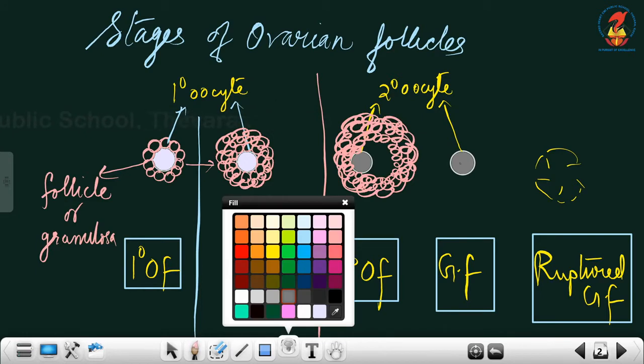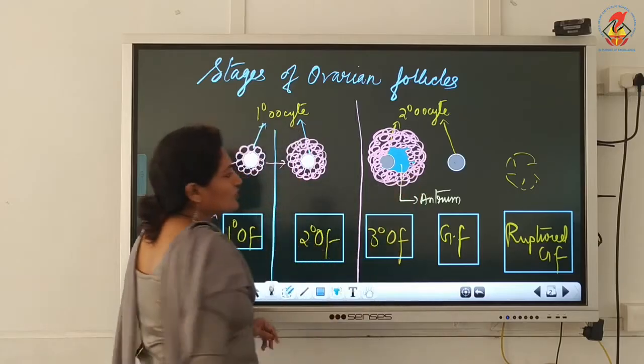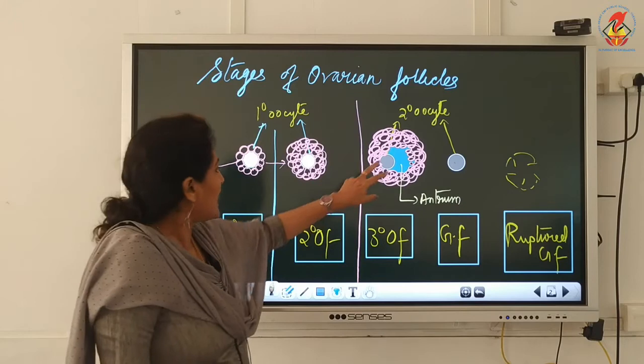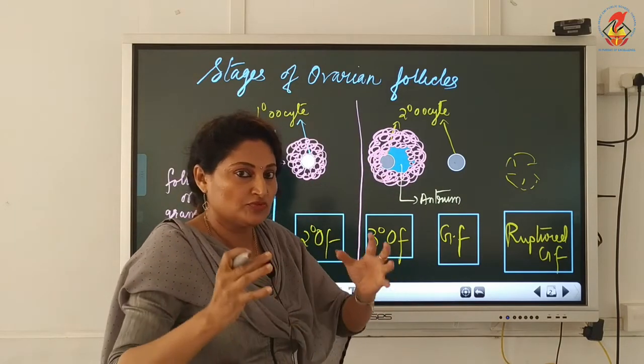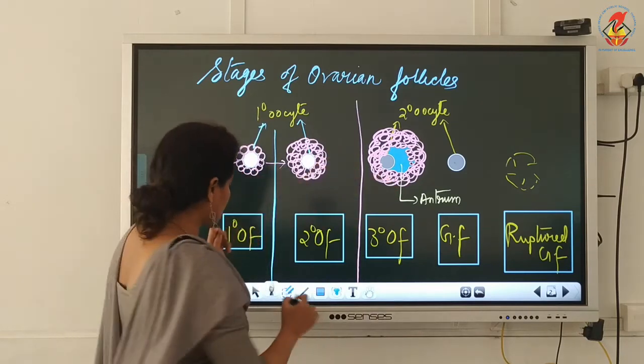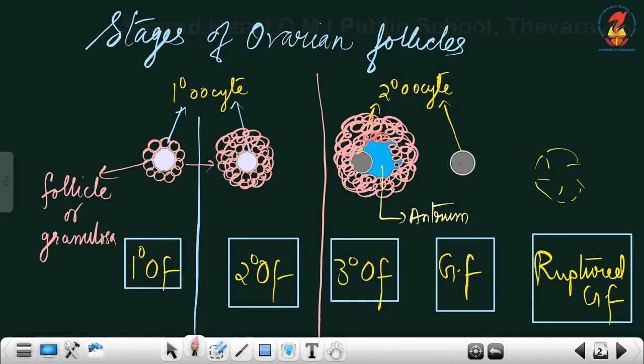A fluid filled, I'll indicate fluid with blue color, a fluid filled cavity called antrum. So, a fluid filled cavity is present and the granulosa cells get organized in such a way to accommodate this fluid filled cavity, and they get organized in such a way that it forms two thecas.